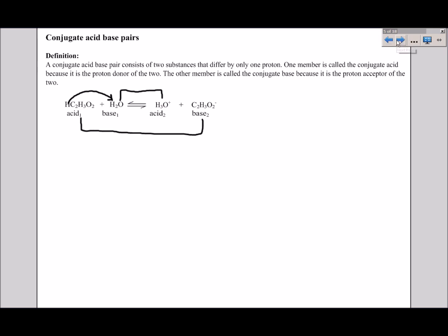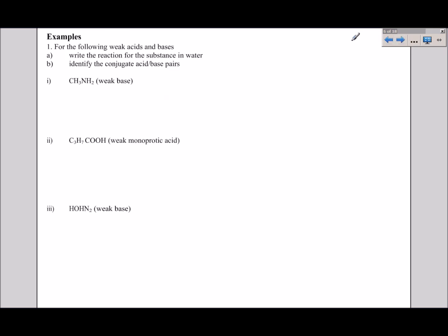Let's look at some examples. What we're going to do here is look at how we can write reactions of acids and bases in water, and we're going to identify the conjugate acid-base pairs in the reaction. Now at this stage, you'll be told what the substance is based on the formula, but I challenge you to start to recognize based on the atoms in the formula whether it's an acid or a base.